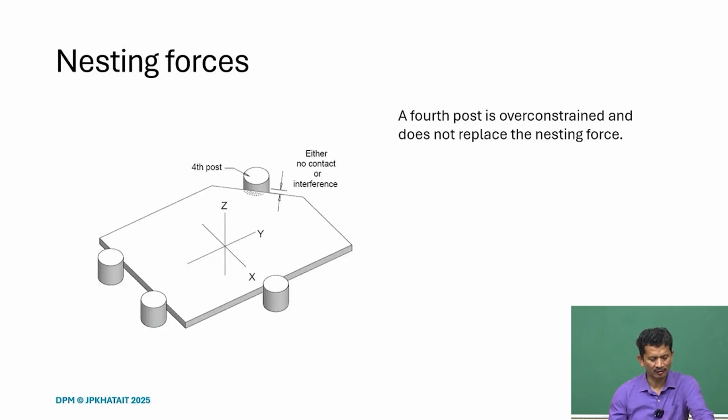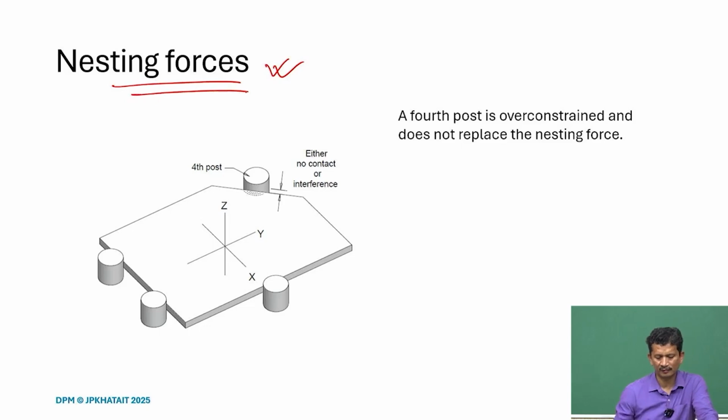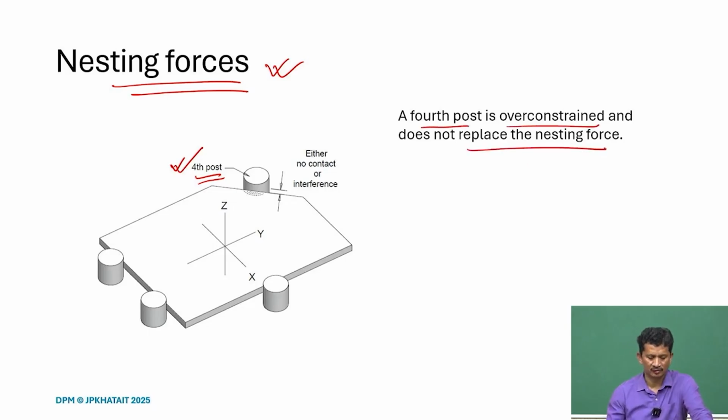Yes, so another interesting thing is the nesting force, what we have been mentioning all the time. And what we also realize is that simply placing a fourth post does not solve the purpose. A fourth post is over constrained and does not replace the nesting force, because if you try to get that nesting force by using another post, what will happen? It has to be very exact.